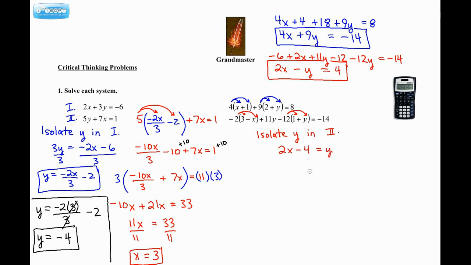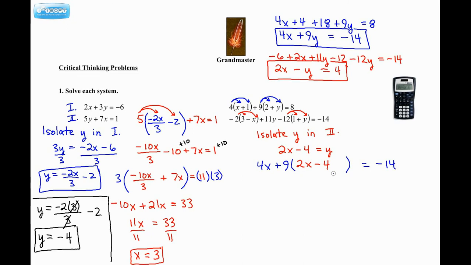That was easy. Way easier than this one. Okay. So now we substitute this in place of this y right here. So I'll keep the color consistent. So this gives me 4x plus 9y, but that y is really 2x minus 4. And of course this mess is equal to negative 14.